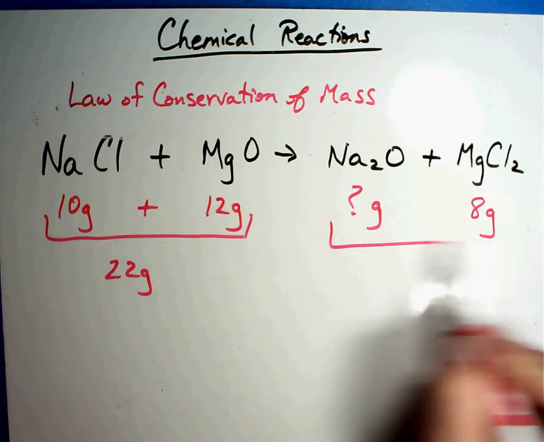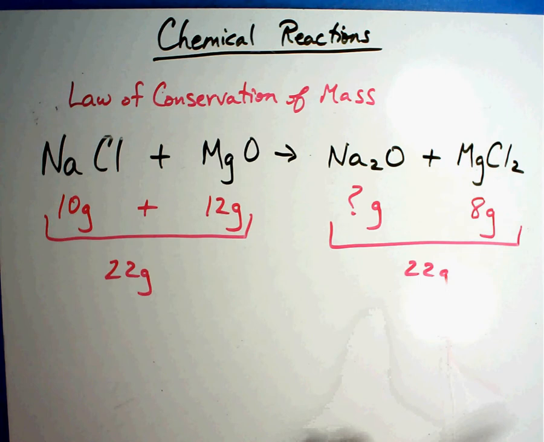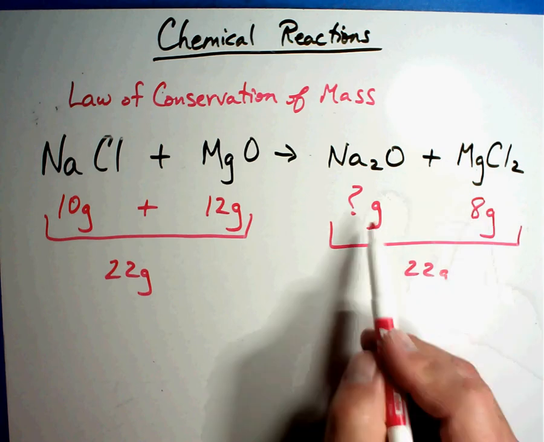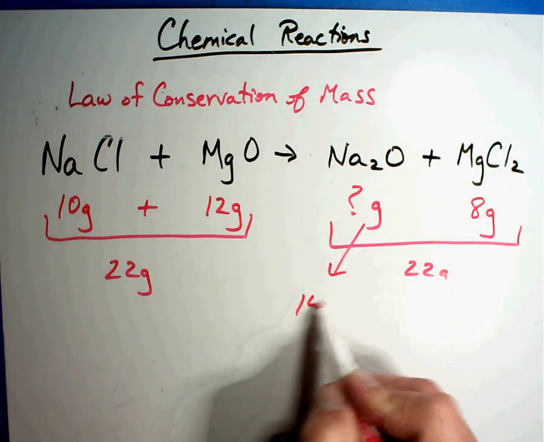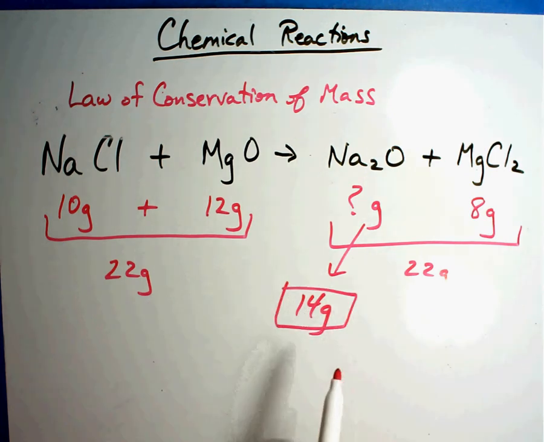That means that this side has also got to be 22 grams. Well, if I know this is 8 grams, then how many grams is this? Well, 22 minus 8, my answer is 14 grams. It's a very, very simple question.